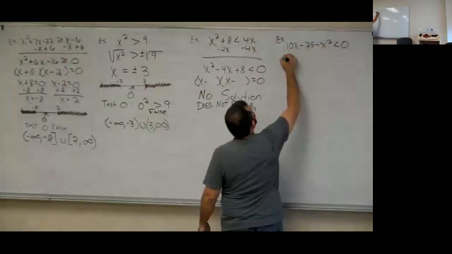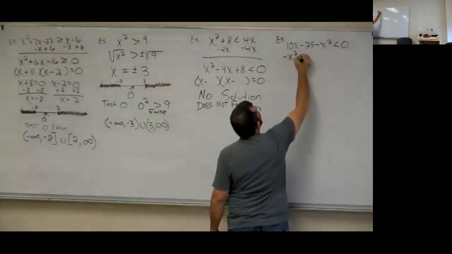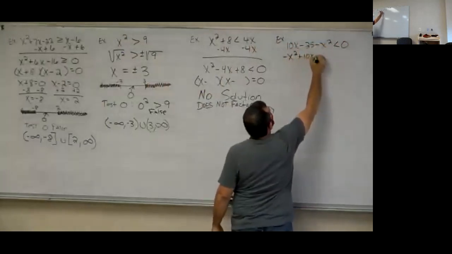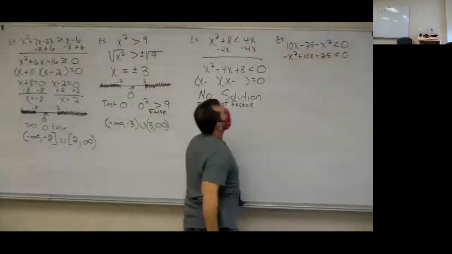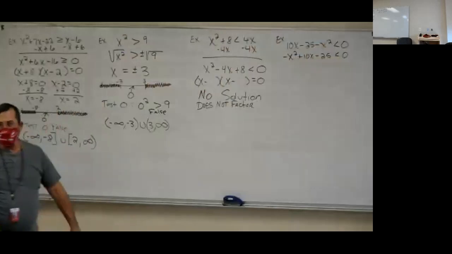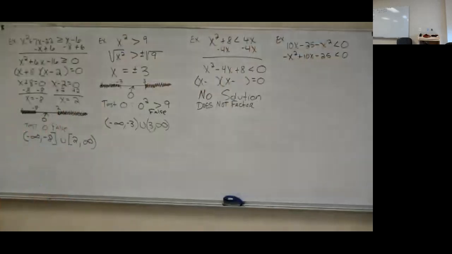So I'm going to have a negative x squared plus 10x minus 25 less than 0. Now, I don't want to have to factor a negative x squared. So I'm going to divide everything by a negative 1 so I can change the signs.